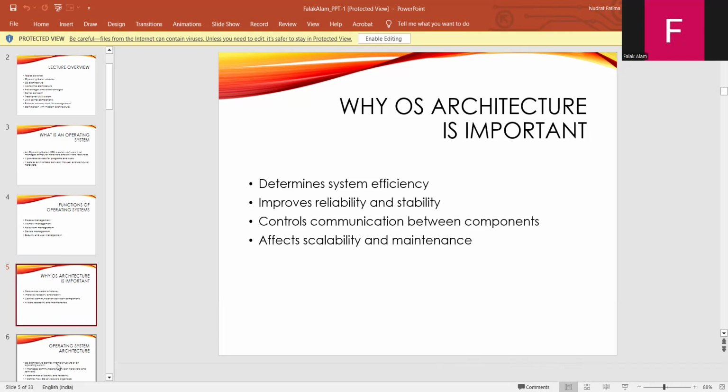Architecture also affects system stability. If the components are properly isolated, a failure in one component may not crash the entire system.